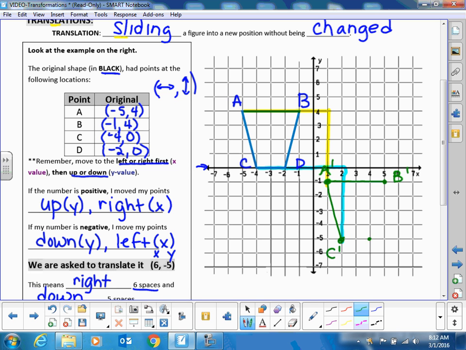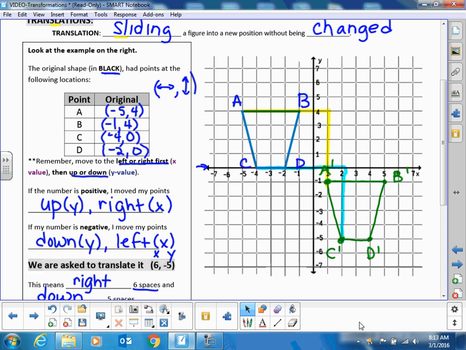I like to do a combination just to double check to make sure I'm not making a mistake, because the biggest mistake you're going to make is if you miscount on your first point and you draw off of that first point, then all of your other points are going to be off. So that's a simple translation. We took a shape, a geometric figure, this one was a trapezoid, and we slid it over 6 and down 5.